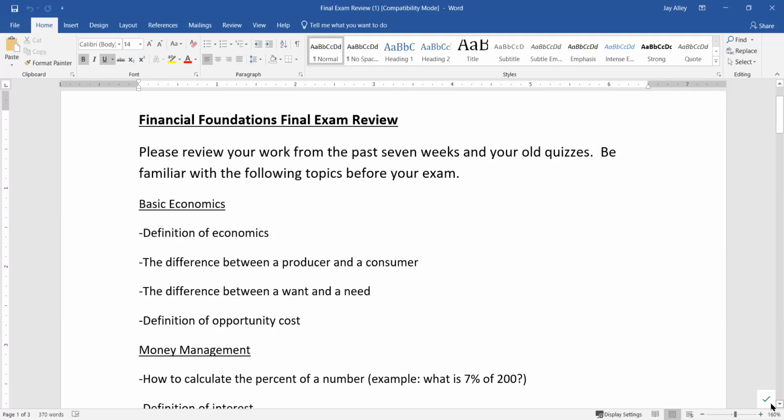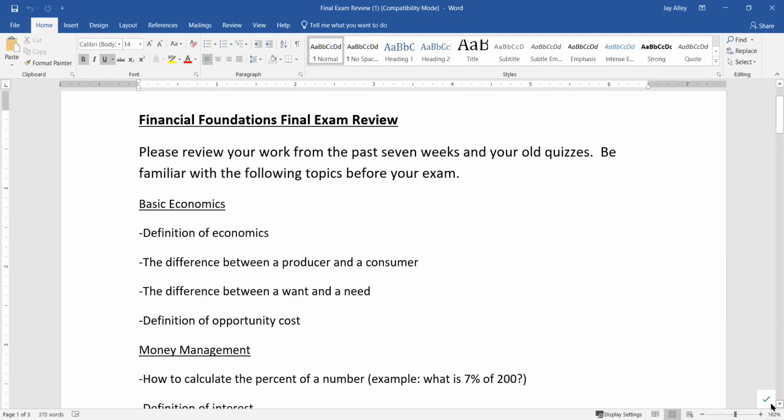What I'm trying to do here is identify the topic areas that you need to know about. And so if you see something on this list, well, hey, I don't remember what opportunity cost is. That should be a red flag for you to go back and look it up. Go back to your notes.